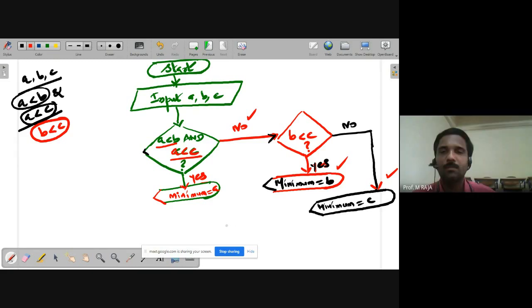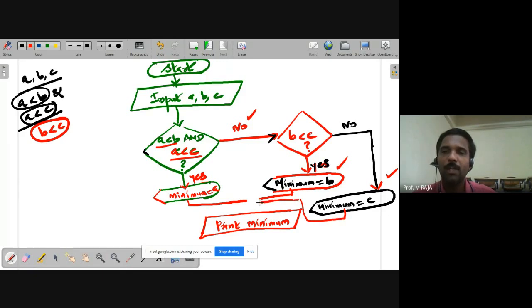Then finally, because of the space I am writing here, print minimum. For input output I use the parallelogram, then join this one with minimum is equal to C. Here we need to combine these three into a single flow, print minimum.